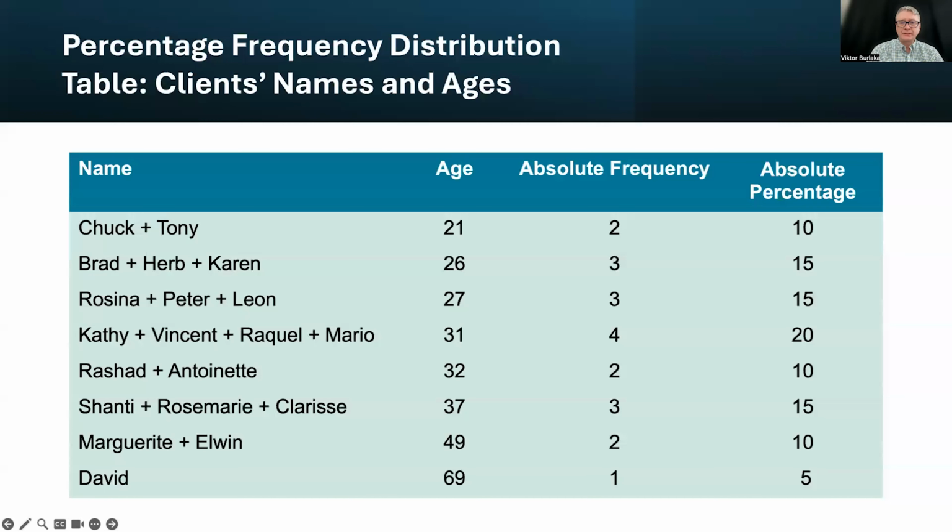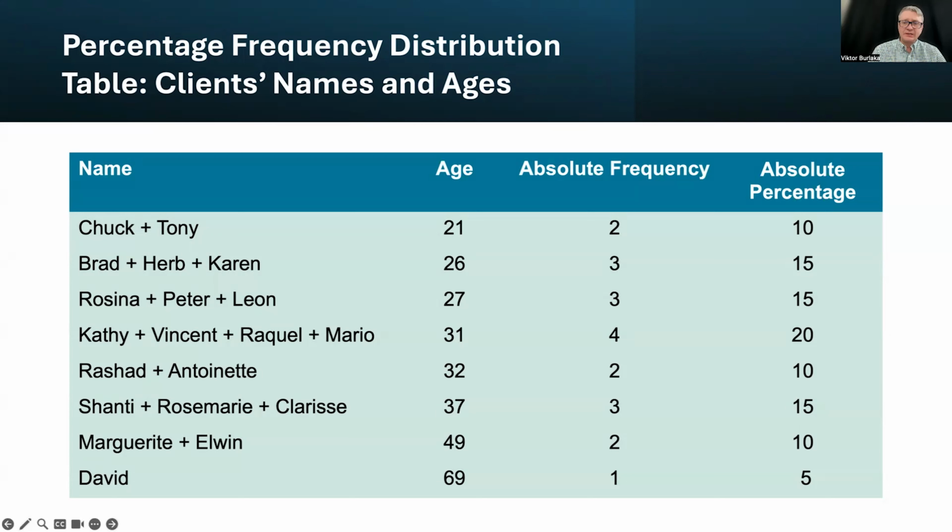This table presents a percentage frequency distribution of clients' names and ages. The age column displays the clients' ages grouped together for those with the same value. The absolute frequency column shows how many clients fall into each age group. For instance, 3 clients are 26 years old and 4 clients are 31 years old.